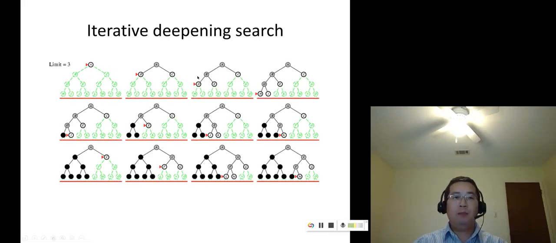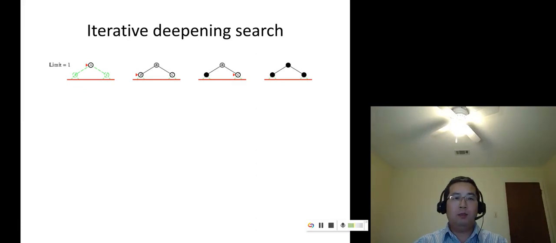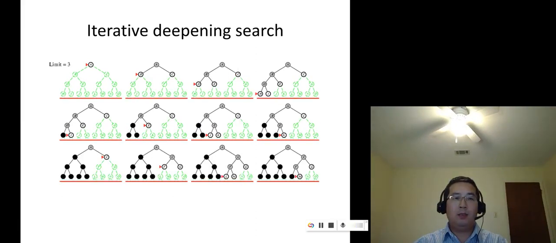So how many times do we expand layer 1? It depends on the depth, right? So we can say it's 3 times. And how about layer 2? It is 2 times, right? And how about layer 3? It is only 1 time, right? So this can be considered based on the depth of the optimal solution.